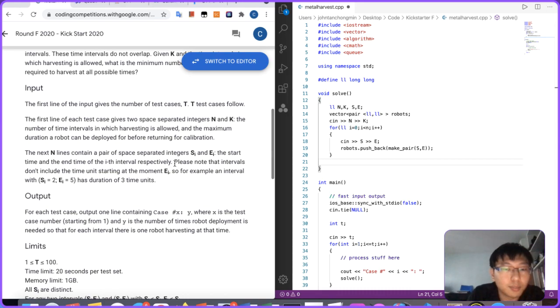I don't get this. Please note that intervals don't include the time unit starting from the moment Ei. So an interval with Si equals 2, Ei equals 5 has a duration of 3 time units. It's kind of weird. Why don't you include starting at E?